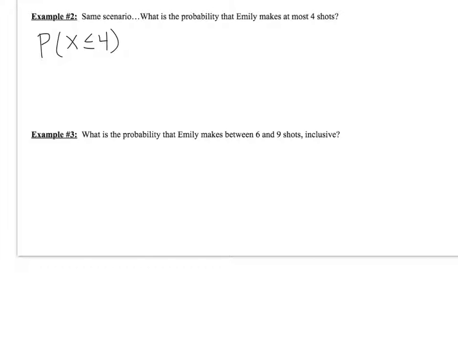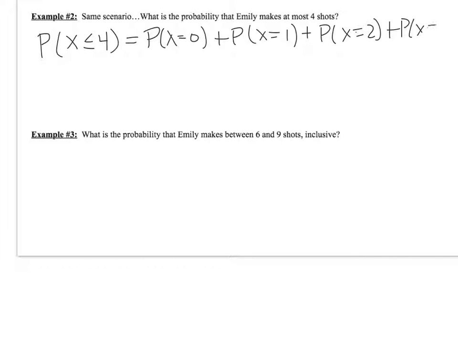Well, that would mean I could find the probability that x is equal to 0, no successes, the probability that x is equal to 1, the probability that x is equal to 2, the probability that x is equal to 3, and gosh darn it, I ran out of room, plus the probability that x is equal to 4. I could add up all these individual probabilities and get this answer.